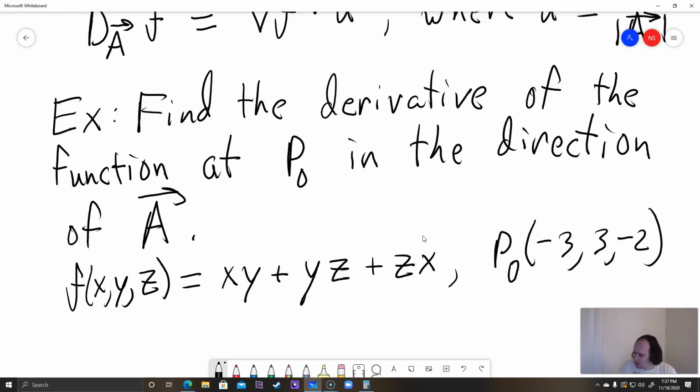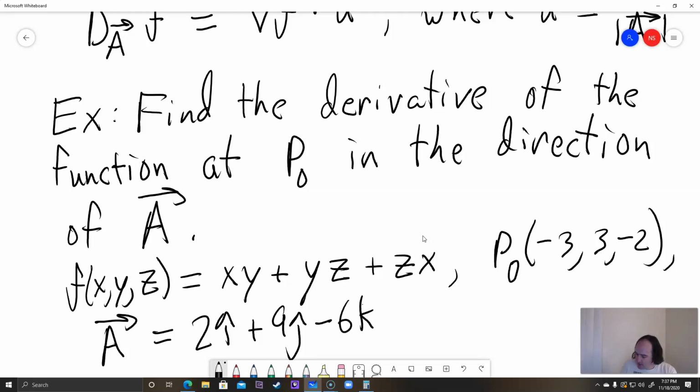And vector A is equal to 2i plus 9j minus 6k.